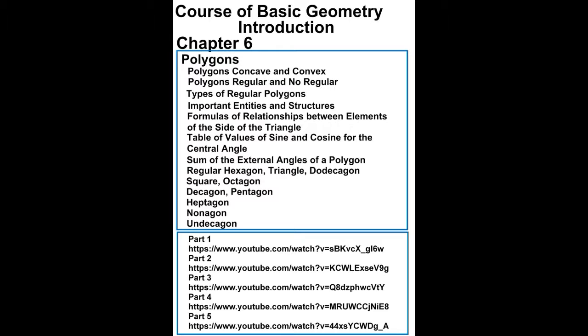Types of regular polygons. Important entities and structures. Formulas of relationships between elements of the side of the triangle. Table of values of sine and cosine for the central angle. Sum of the external and internal angles of a polygon.